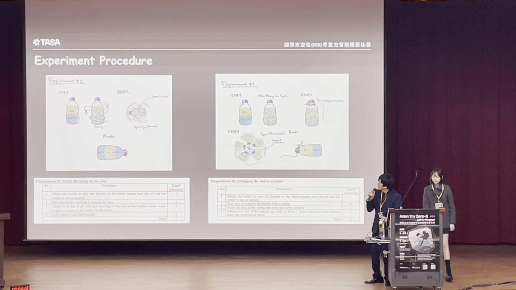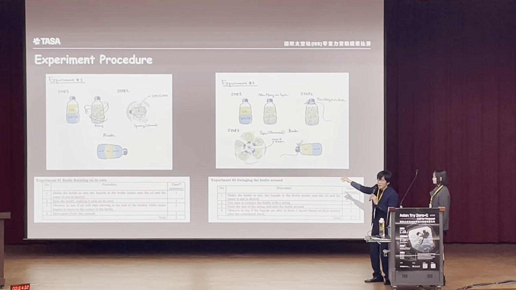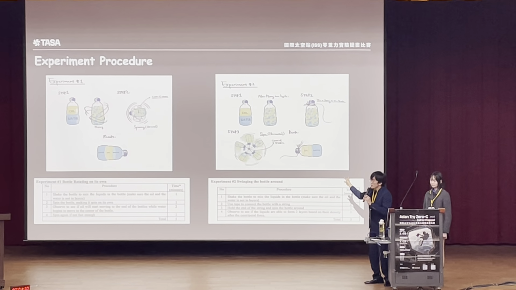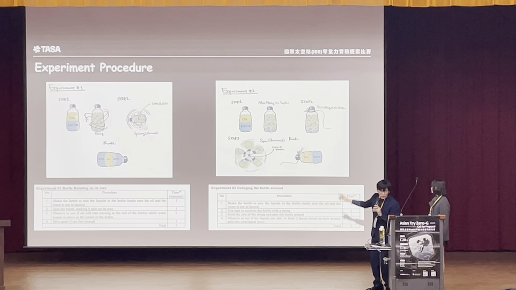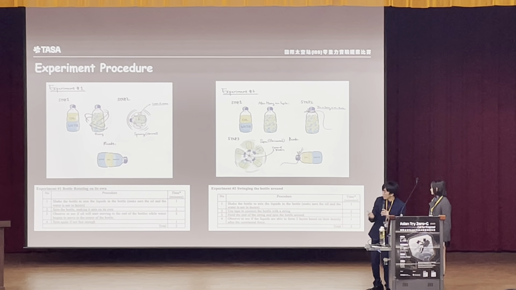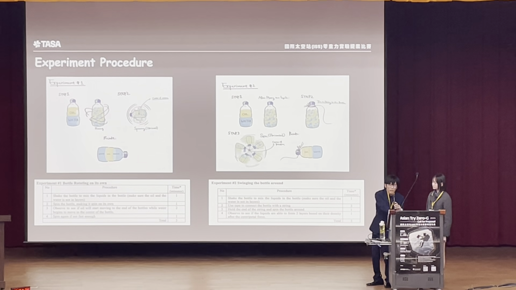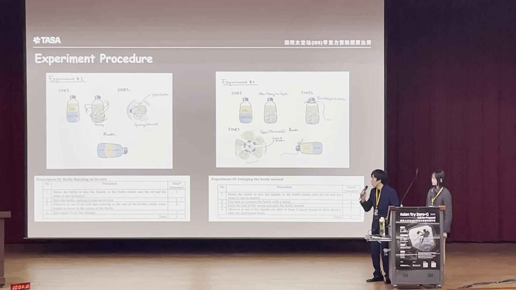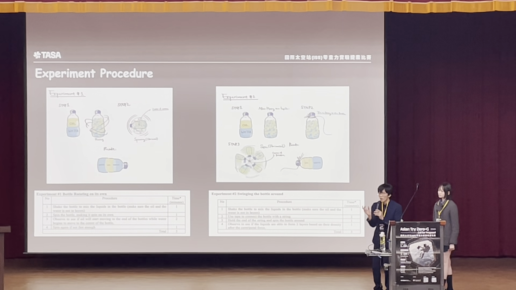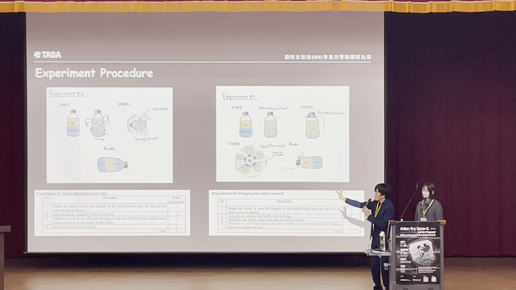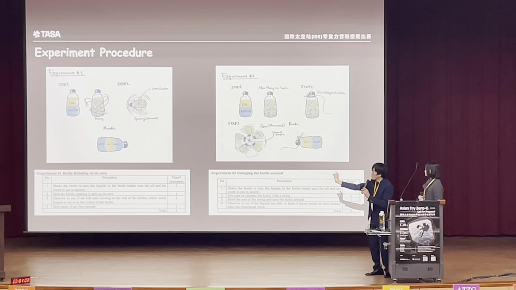As we can see here, on Earth we will see distinct layers. However, in space, gravity does not exist, so we'll be seeing something like the picture over there. So how exactly can we separate it? That's what we're trying to do. Our expected result for the first experiment is that while we spin the bottle on its own, the denser liquid will move outwards, while the less dense fluid, the oil, will move inwards.